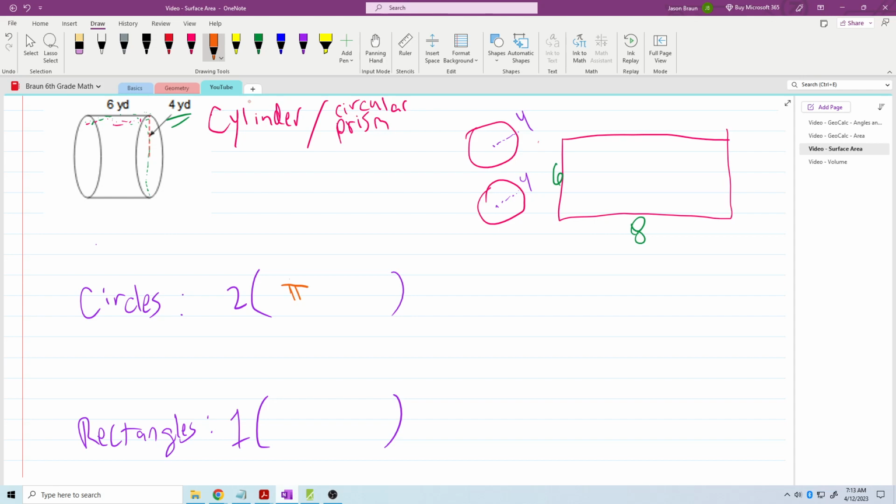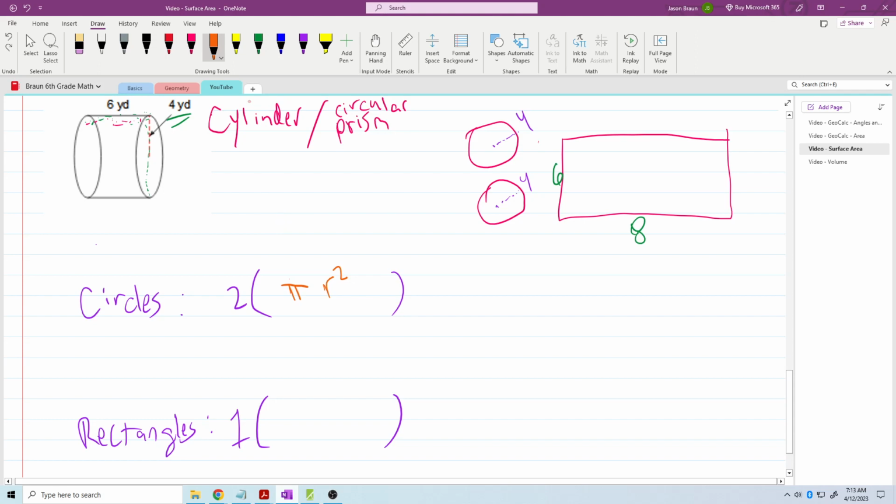So pi, and then r for radius. This is our radius. And then squared. Squared meaning multiply the radius by itself 2 times, get a value. So that is the formula. A equals pi r squared. That's the formula for the area of a circle. And I just wrote it here.